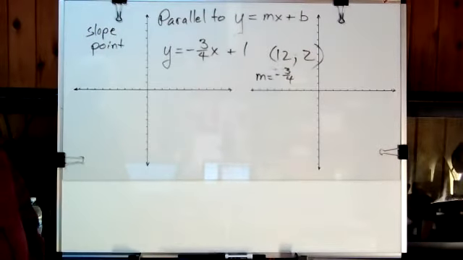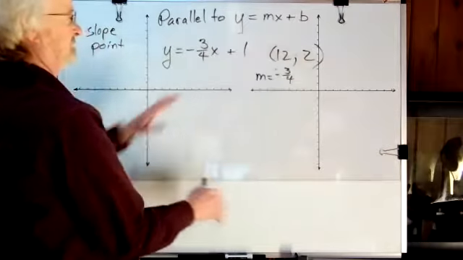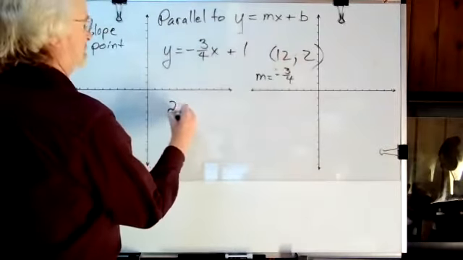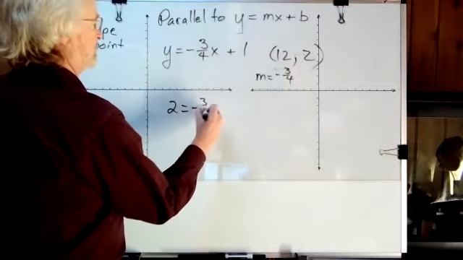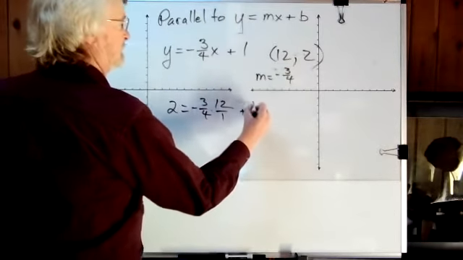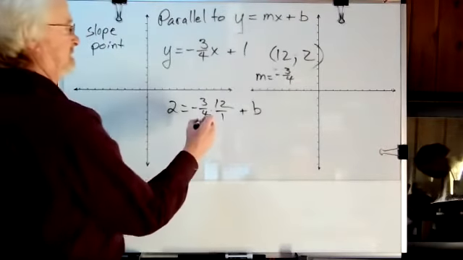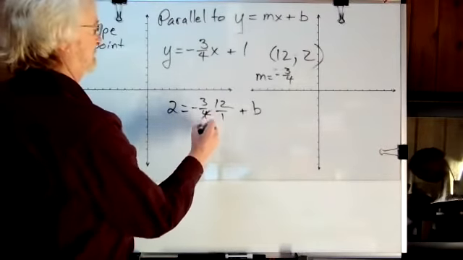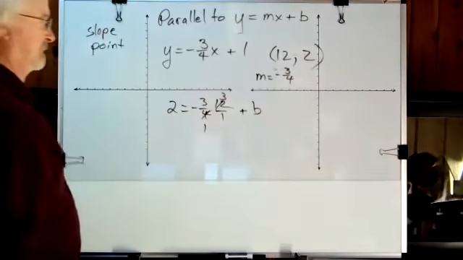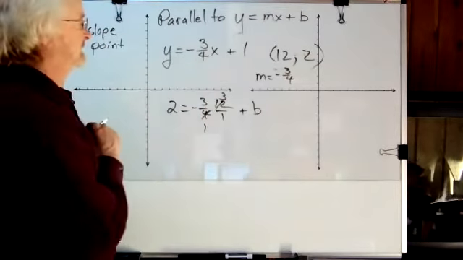All right, let's solve this for b. Y is 2, -3/4 times 12 plus b. Like that makes sense, right?